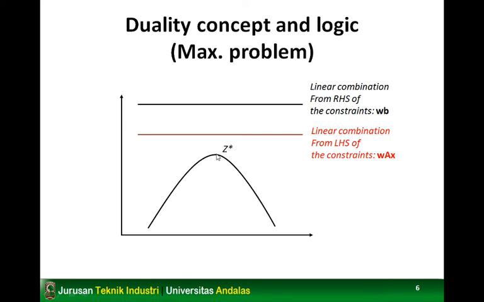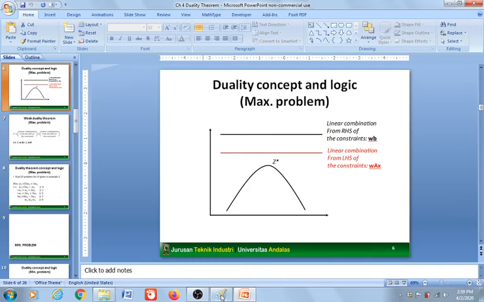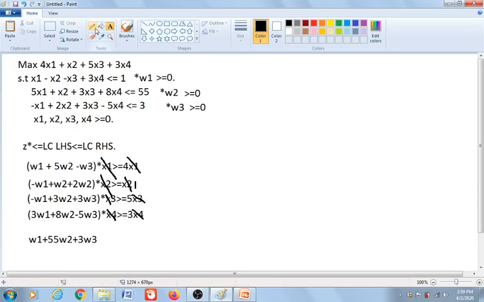What we want to do with the upper bound is move it down so that it is near z star. We want to make it smaller, which means we want to minimize the upper bound, or minimize the linear combination of the right hand side. So we want to minimize this function.